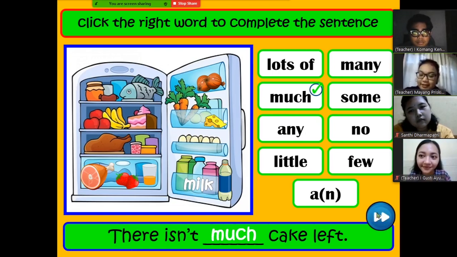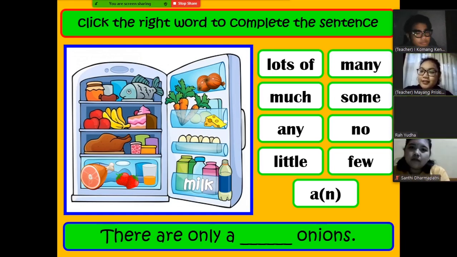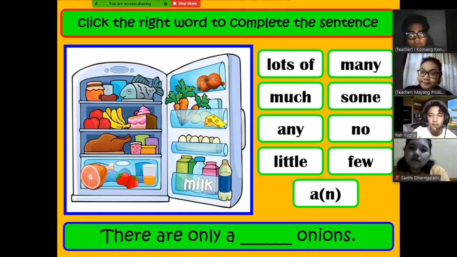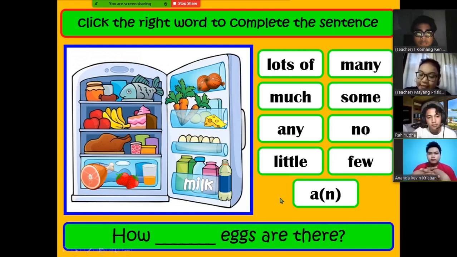The next question is for Yuda. There are only blank onions, and the answer is few. Great. The next question is for Santi.